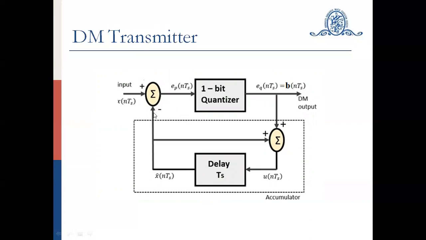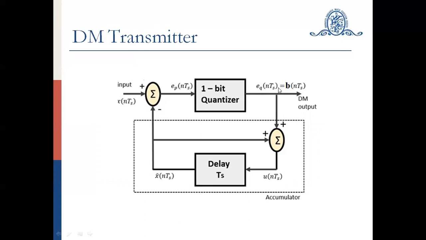In delta modulation, the present sample value x of nTs is compared with the approximate value, x cap of nTs. The sampled input signal x of nTs and the approximated signal x cap of nTs are compared with each other, and the difference, that is e of nTs, will be generated.